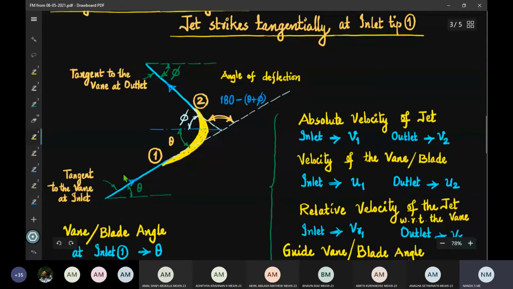If this angle is theta, here this angle will be theta, and if this angle is phi, then definitely this angle here, interior alternate angles, will be phi. Then inside, that means this much angle here, is theta plus phi. And the outside portion here, the angle is 180 minus theta plus phi. So why am I telling you this? Because this is the angle of deflection.